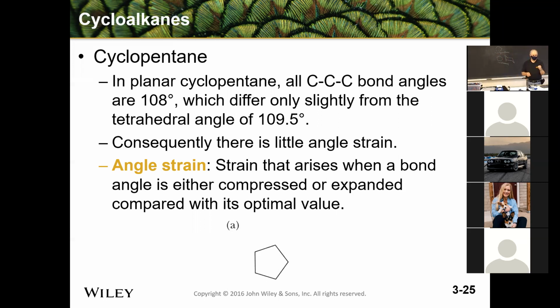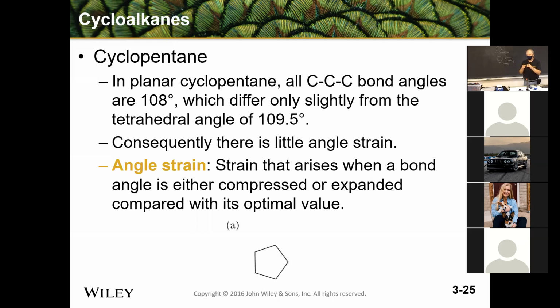There's not much angle strain. And by angle strain, what I'm talking about is deviation from the ideal bond angles. A tetrahedral carbon has 109.5 degree bond angles. In a regular pentagon, bond angles are 108 degrees, which is pretty close to 109.5.